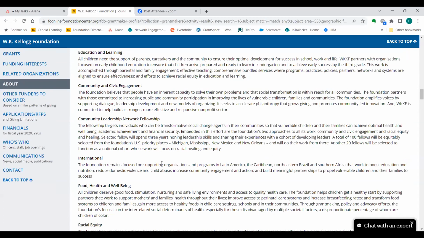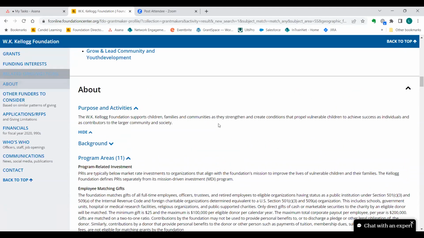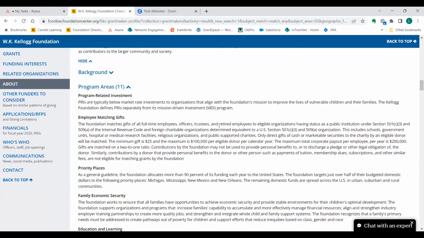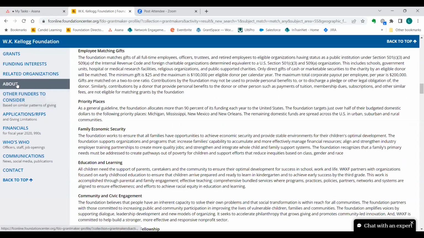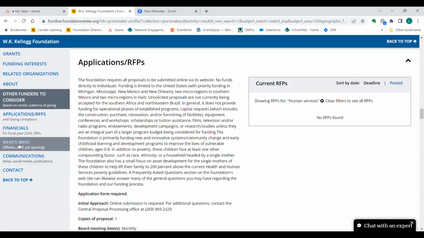If you notice, they actually have a program area for international organizations focused on supporting organizations and programs in Latin America, the Caribbean, Northeastern Brazil, and Southern Africa. So a lot of times it will tell you in the programs if they are particularly interested in supporting non-US groups. So look at the about section, and also look at the application section.